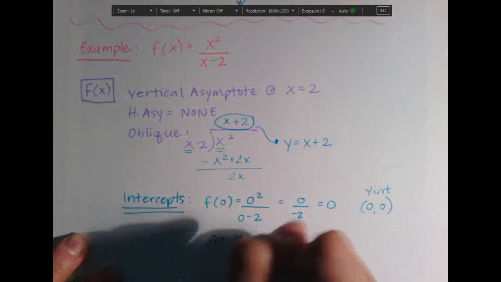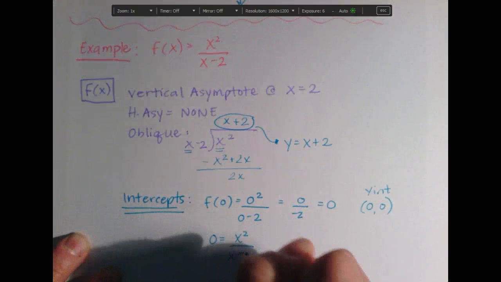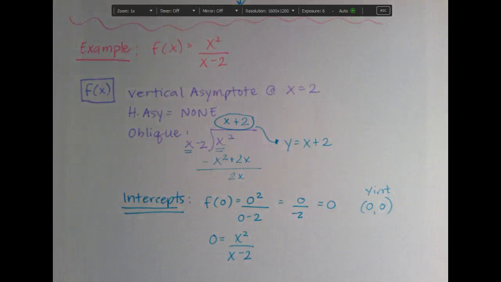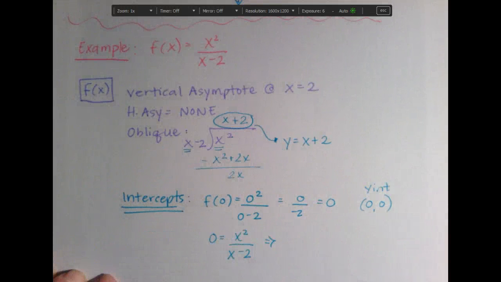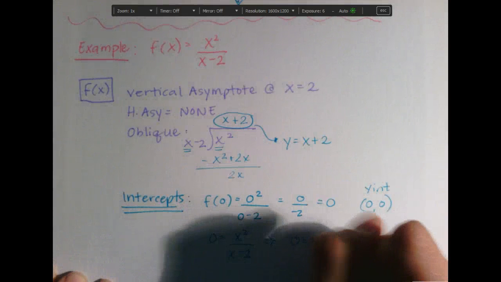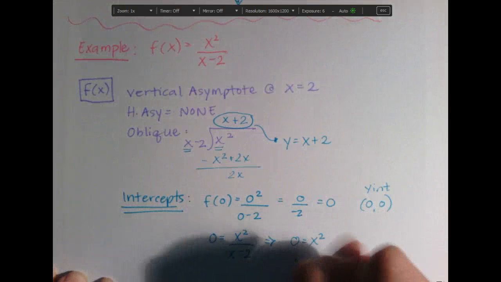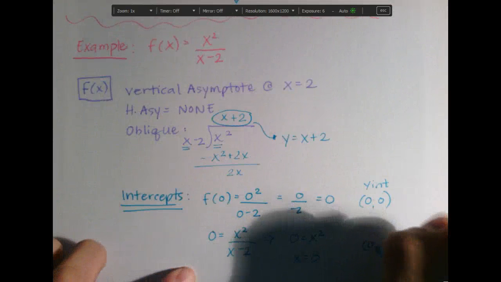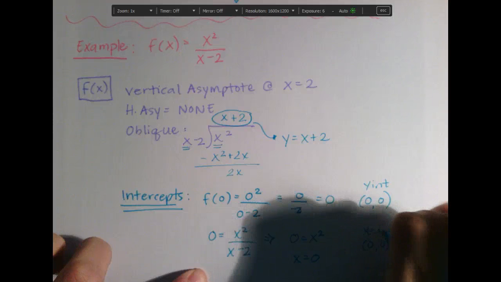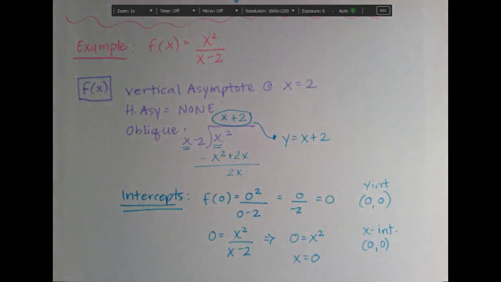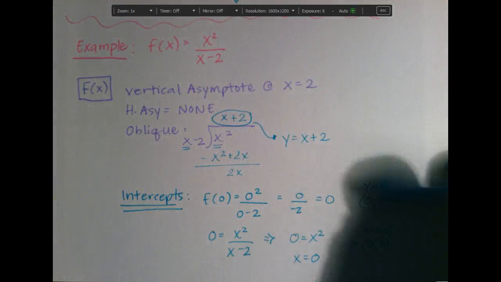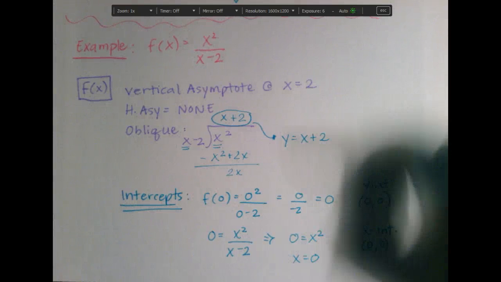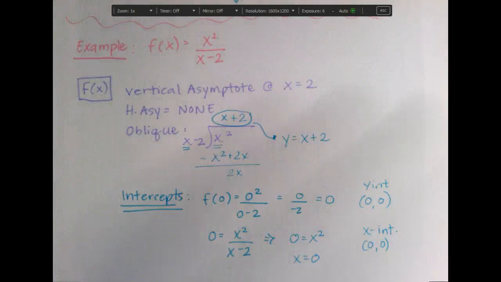And if I set the function equal to 0, that'll tell me my x-intercepts. Multiplying the denominator, you'll get 0 equals x squared, which gives me x equals 0, and it turns out that the x-intercept and the y-intercept are one and the same. So we were able to come up with one point that we know is on the graph. We also have two different asymptotes that we know that we can draw.